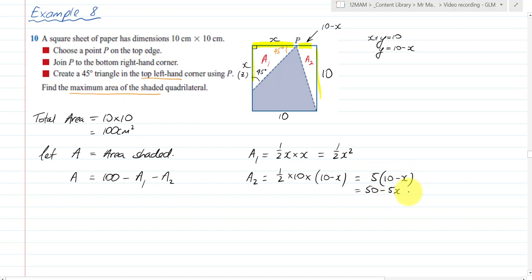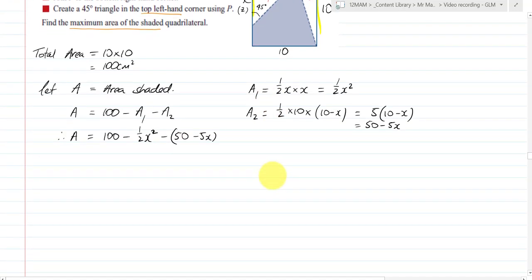So there's our two areas, and therefore the overall area is equal to 100 minus a half x squared, minus 50 minus 5x. So there's my total area.